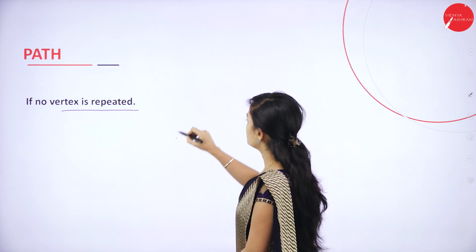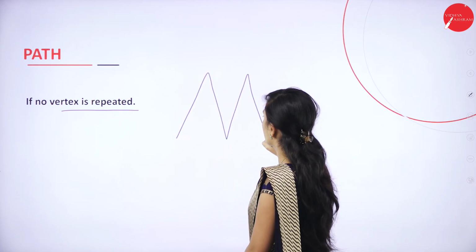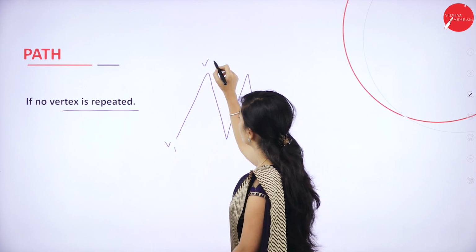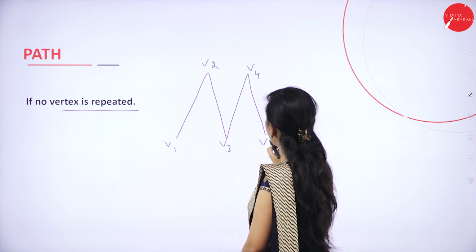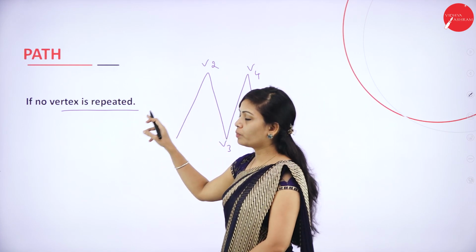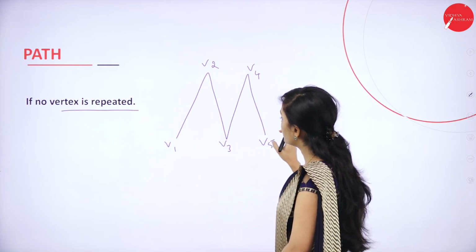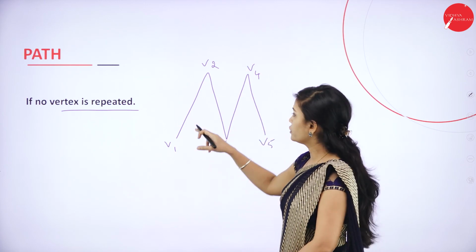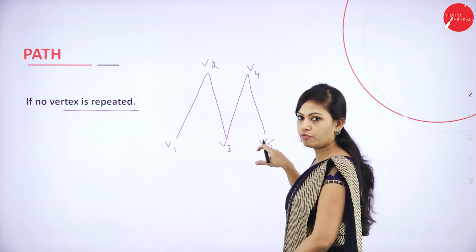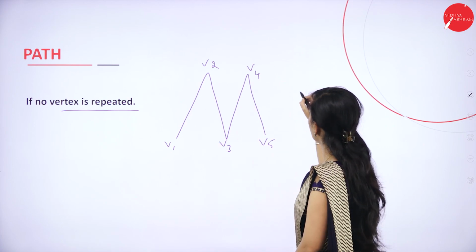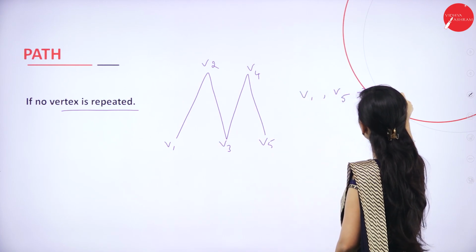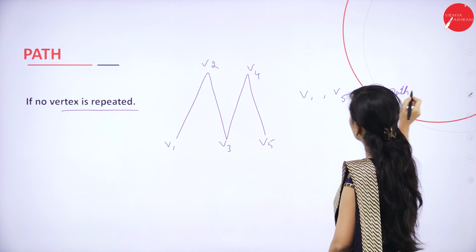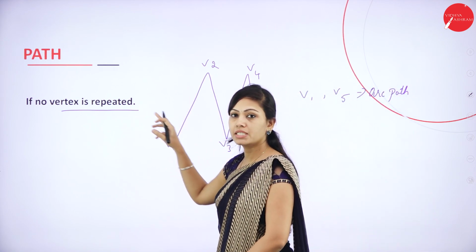Example for path. Here V1, V2, V3, V4 and V5. No vertex is repeated, so it is called a path. There should be a path between every pair of vertices. Here V1 and V5 are a path because no vertex is repeated.